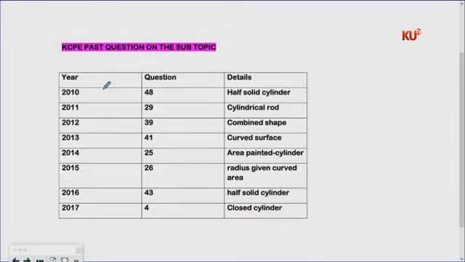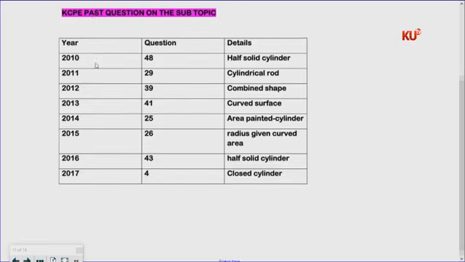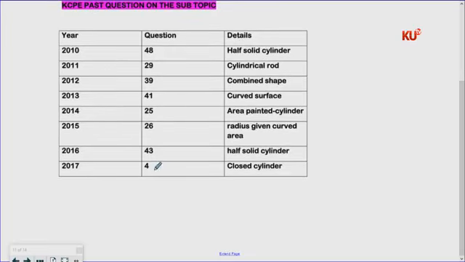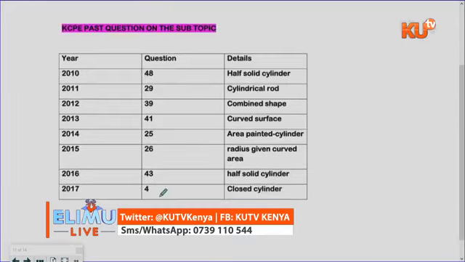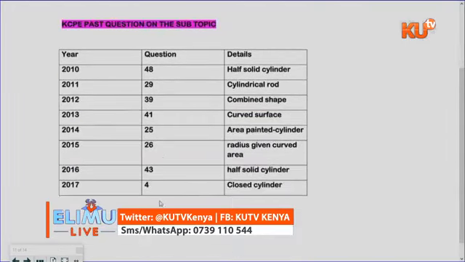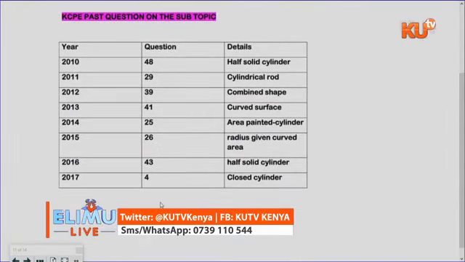And then finally in 2017, the question was number 4, and this was asking about a closed cylinder. So that is actually how those questions were set.